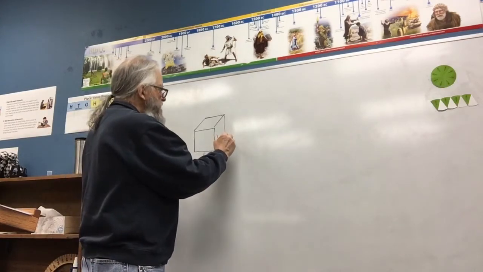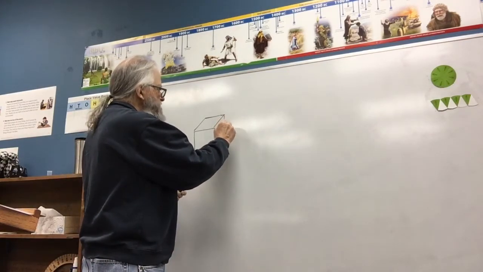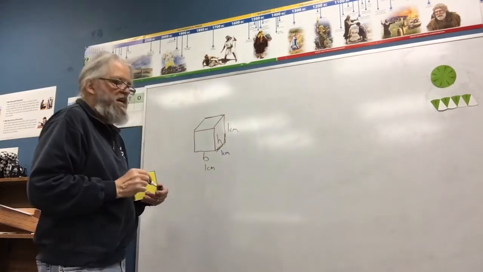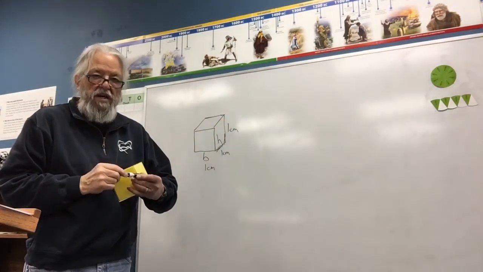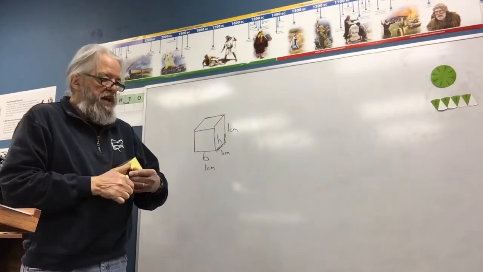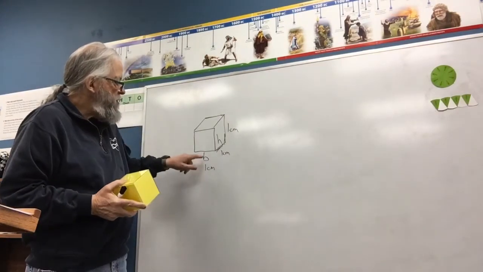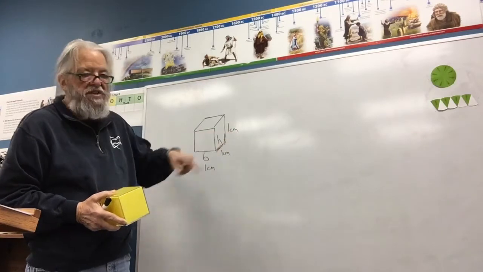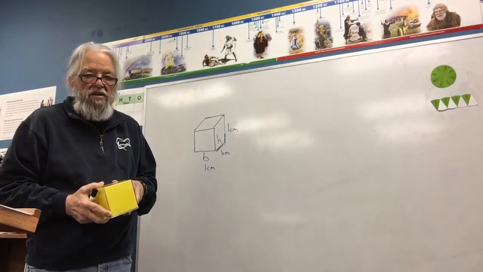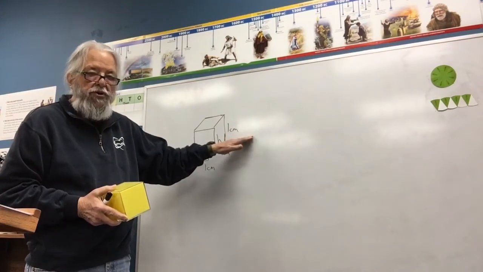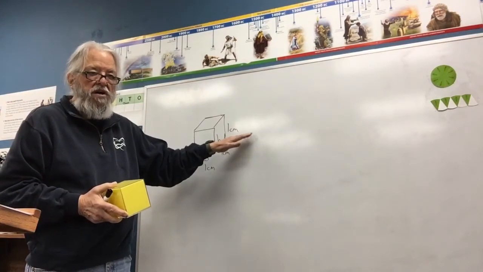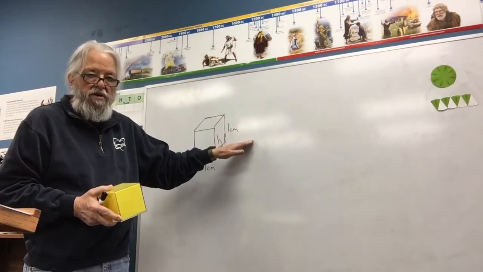But now when you take the height, it's also 1 centimeter tall from the base to the top. And so then that's 1 centimeter times 1 centimeter times 1 centimeter. And so that would be centimeter cubed. That's why we call it cubed.